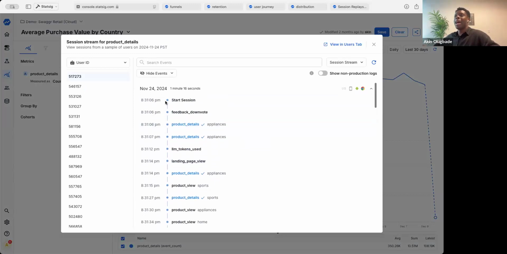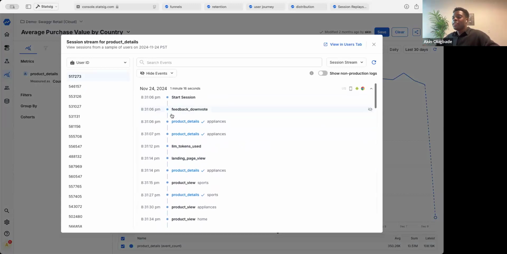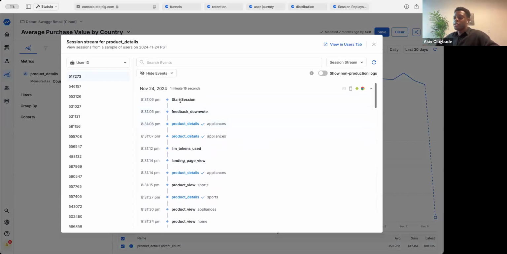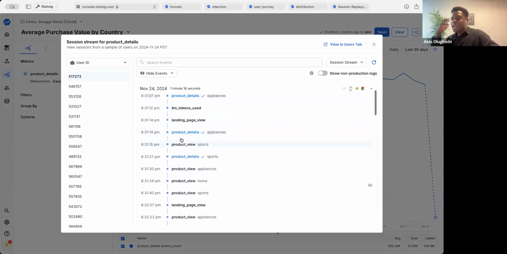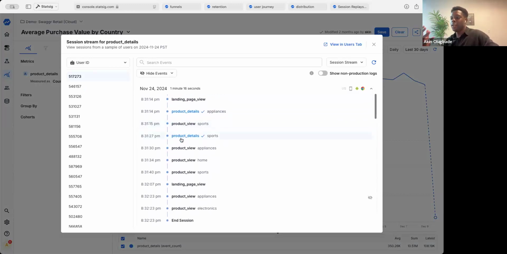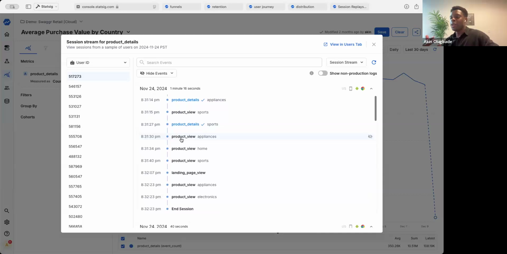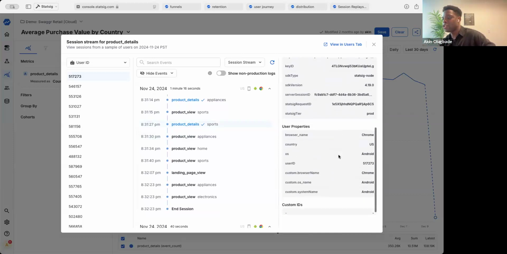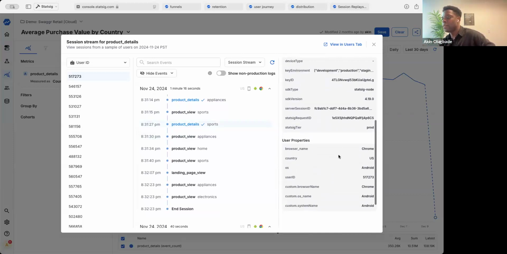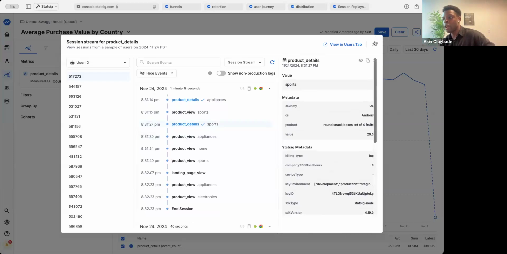Often when I'm debugging why something is happening, it's really interesting to understand that a user started here, they did these events, and you get this mental playback of exactly what a user was doing while using the product. And you can always click on any event in this session stream to understand the full context behind it, like I was describing before.